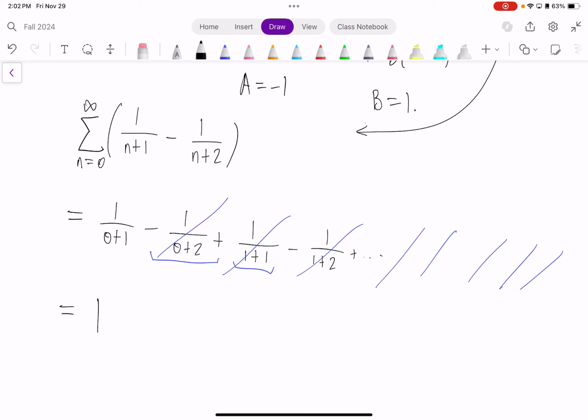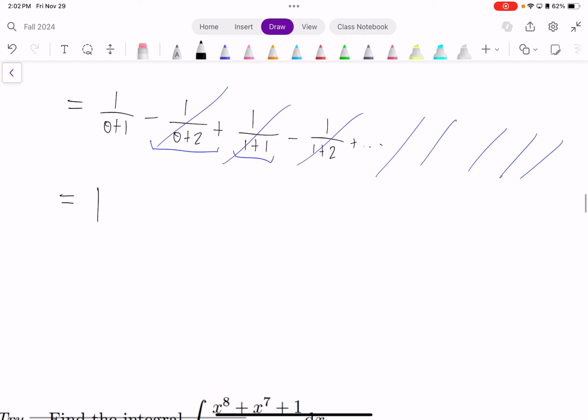So that entire sum is just equal to 1. It's going to keep canceling forever. No, because we're going to infinity. So this is such a satisfying answer, right? We had this really brutal question, but we got it down, and it's literally just the number 1. You're so sweet. You guys are number 1.